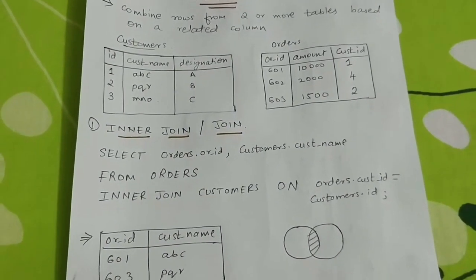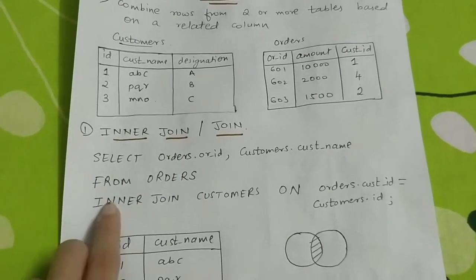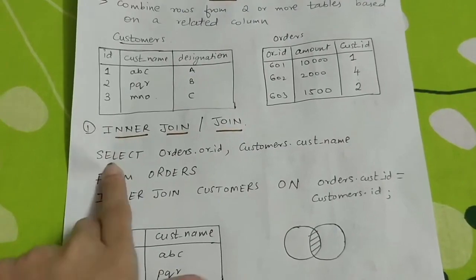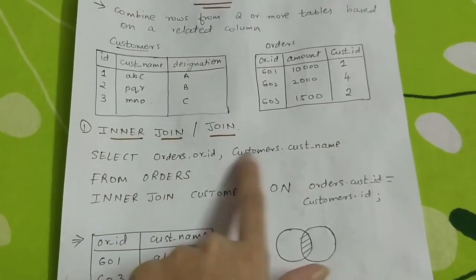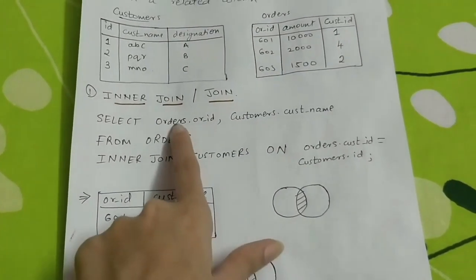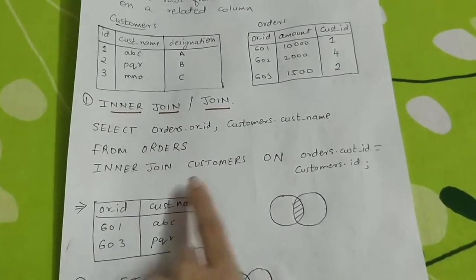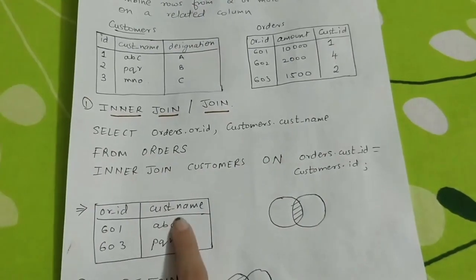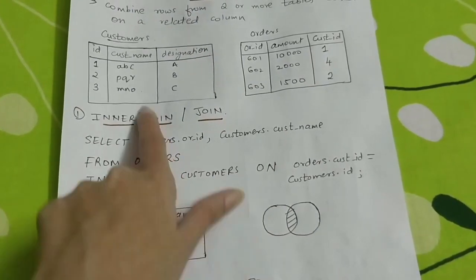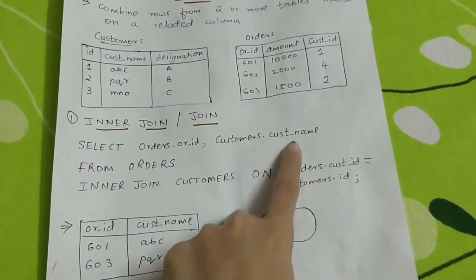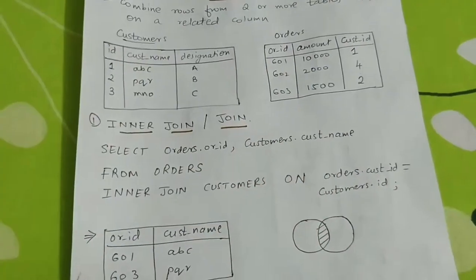Now basically in select we'll write all the things which we want in the table. As it is written, orders.or_id and customers.cust_name: or id is from the table orders, and cust name is from the table customers.